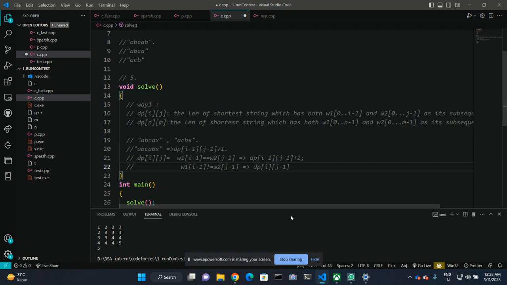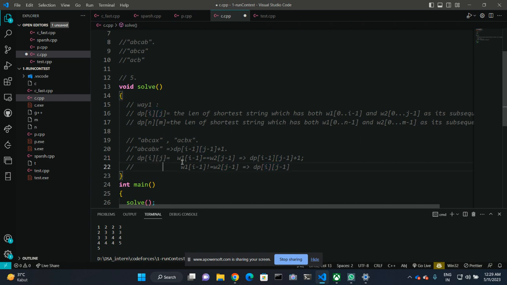It already includes i characters fully of W1 and j-1 characters of W2, so the last j character is not included.